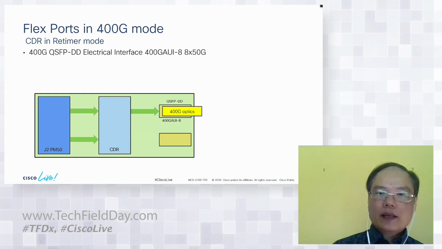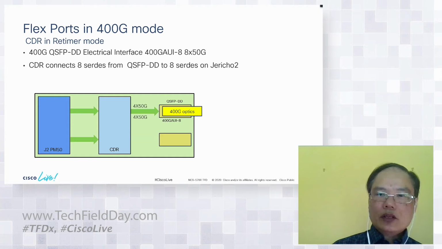The 400 gig optics, after being inserted into the QSFP-DD cage, will be using the 400 gig AUI-8 8x50 gig electrical interface. The CDR will connect these 8 SerDes from QSFP-DD to 8 SerDes on the Jericho II PM50.